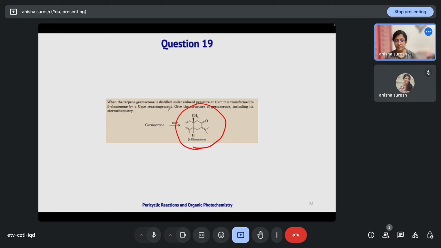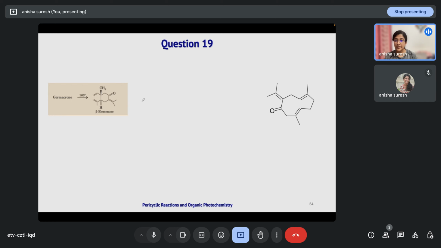So how will we find this out? We can draw it in chair conformation. This is a trans system. So double bond, double bond, and here the hydrogen is below the plane, CH3 is above the plane.